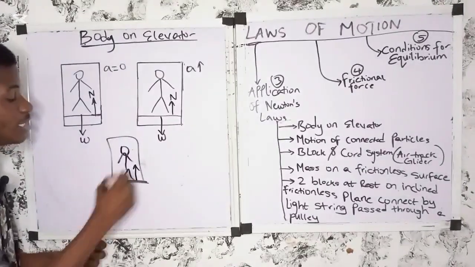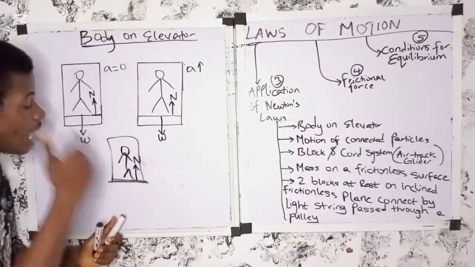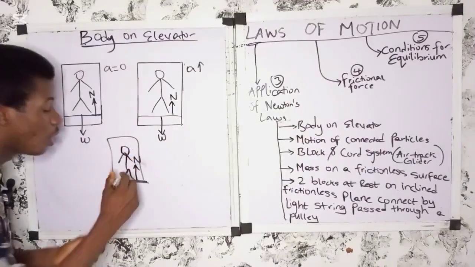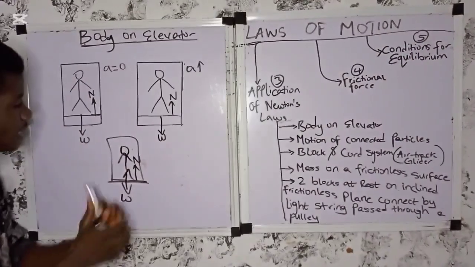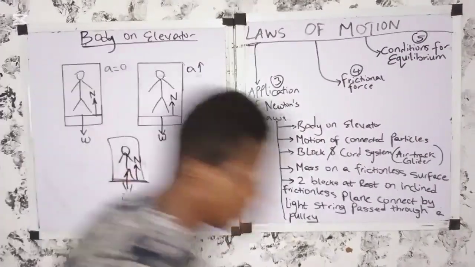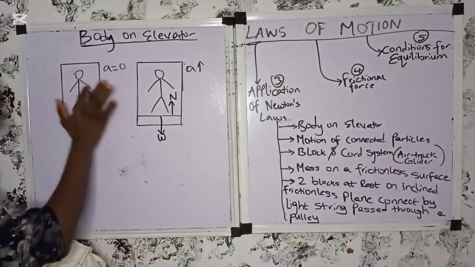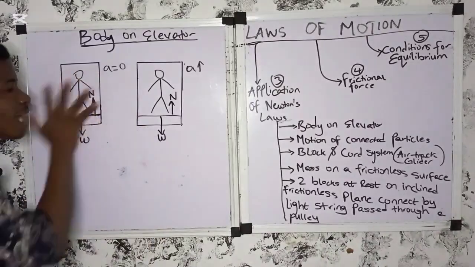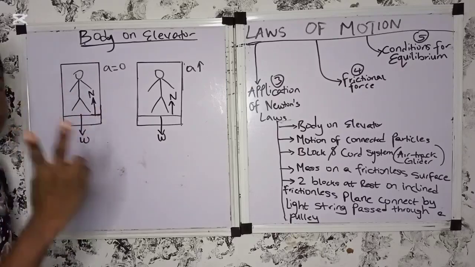That force is known as the normal reactional force. Apart from that, the person in the elevator exerts a downward force known as the weight, right? So we have N and W. Now, how many forces are acting on this system? It is 2, right?